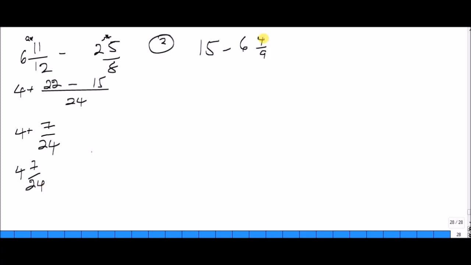Number 2, we have 15 minus 6 and 4/9. Change our 15 now to 14 and 9/9 minus 6 and 4/9.